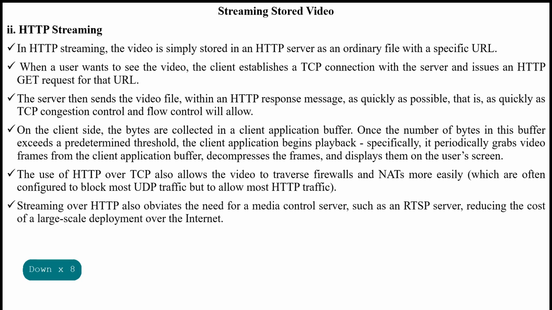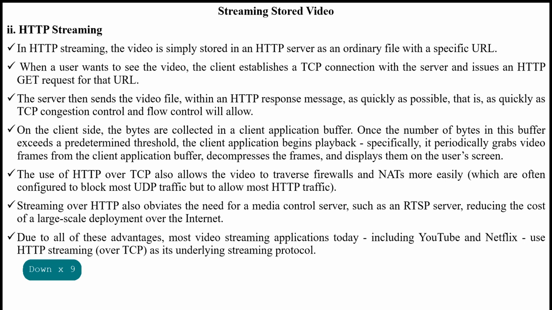Streaming over HTTP also obviates the need for a media control server such as an RTSP server, reducing the cost of a large-scale deployment over the internet. Due to all of these advantages, most video streaming applications today, including YouTube and Netflix, use HTTP streaming over TCP as its underlying streaming protocol.